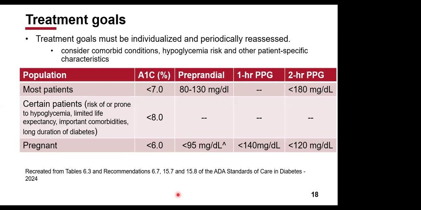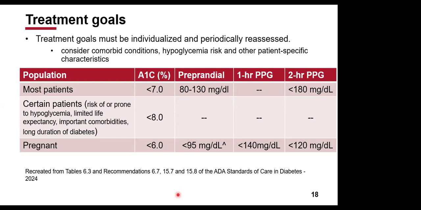So in terms of specific goals that we need in these patients, for most patients, we need A1C less than 7. And then for some patients who are at risk of hypoglycemia or they have limited life expectancy, a goal of 8.0% is usually okay.